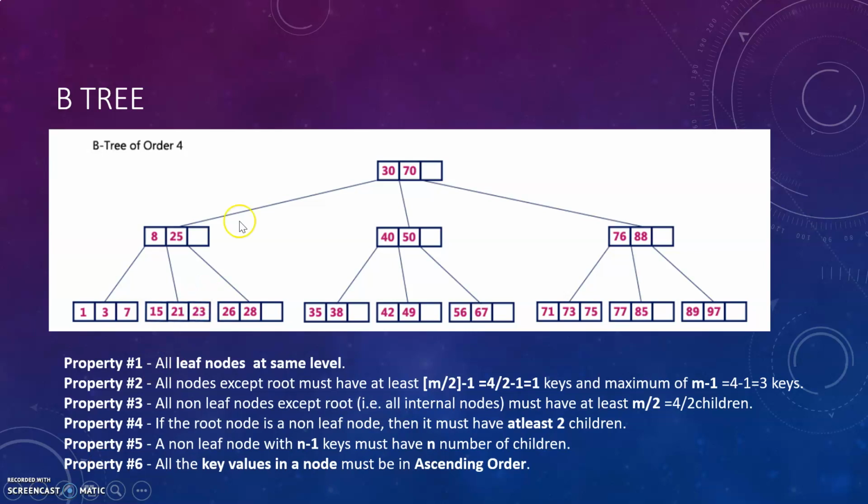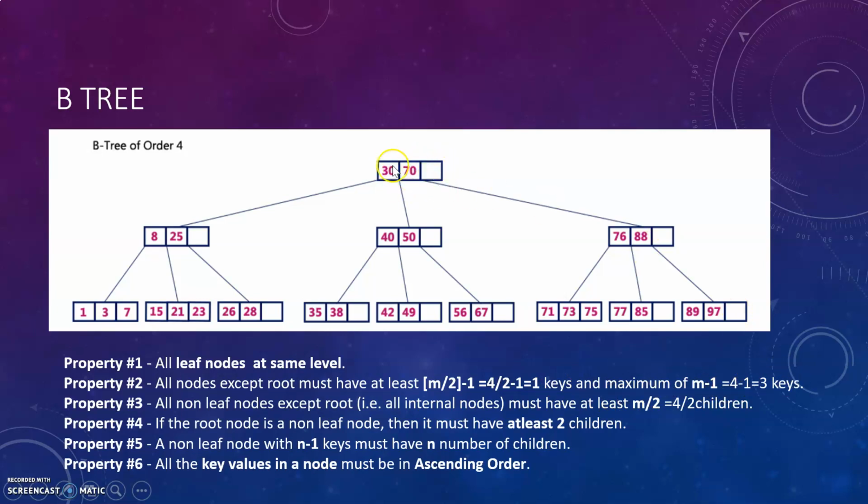Next, you can see this is an example B tree of order 4. Order 4 means it can have m divided by 2 minus 1, that means at least 1 key should be there, and a maximum of m minus 1, that is 3 keys.